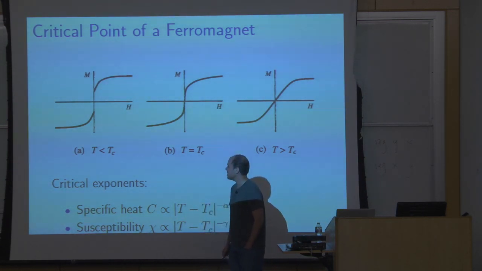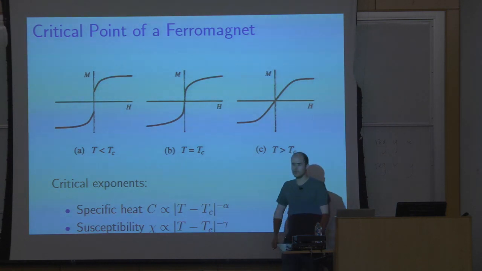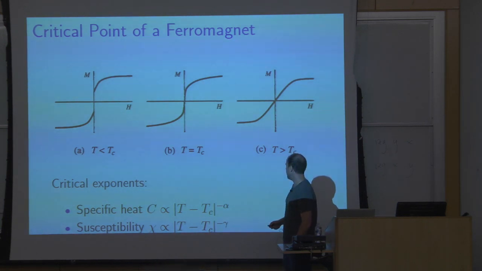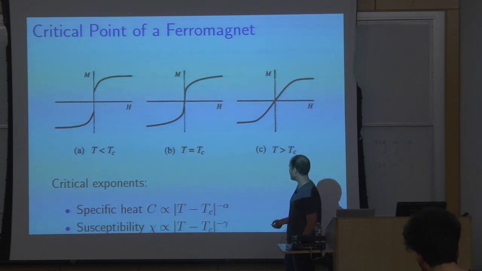And at the critical temperature, the magnet displays some pretty striking behavior in various observables. So one example is the specific heat. You can measure the specific heat of the magnet. It depends on the temperature in this particular way, and there's some funny power law.